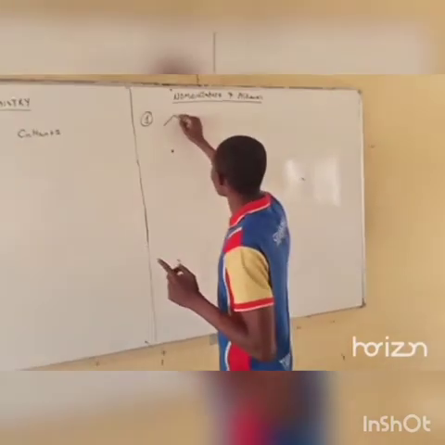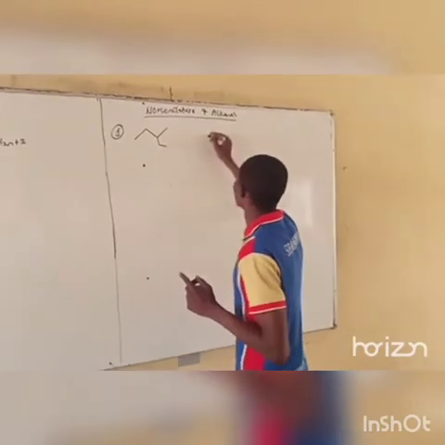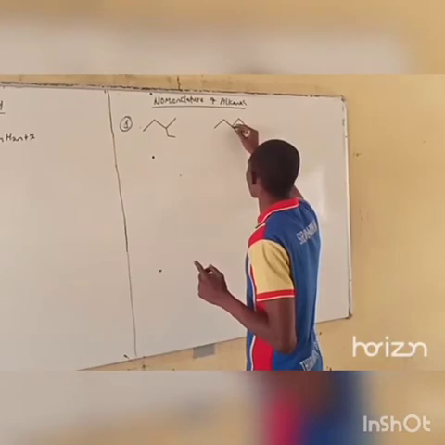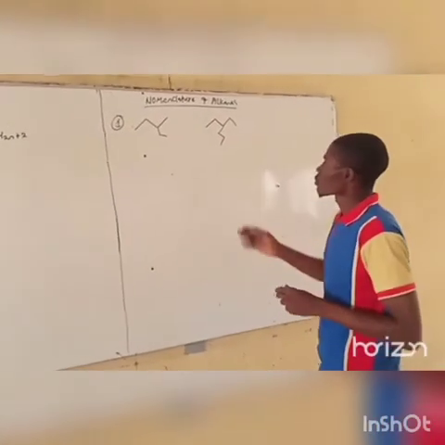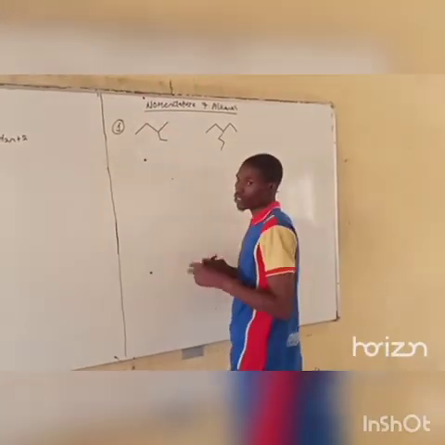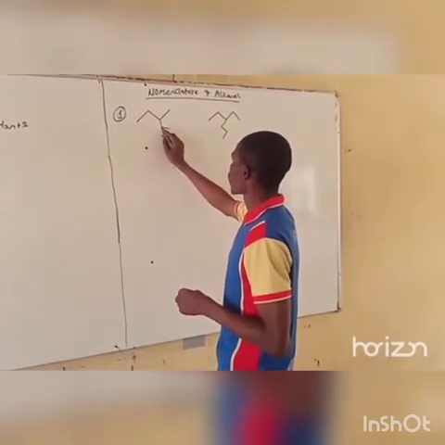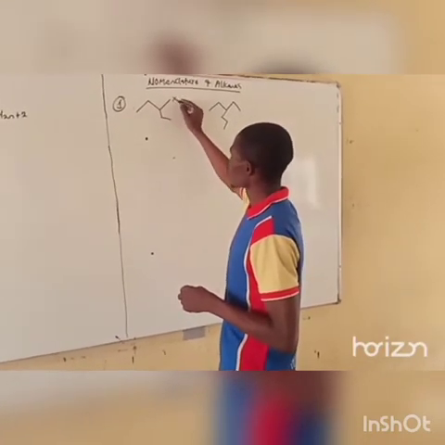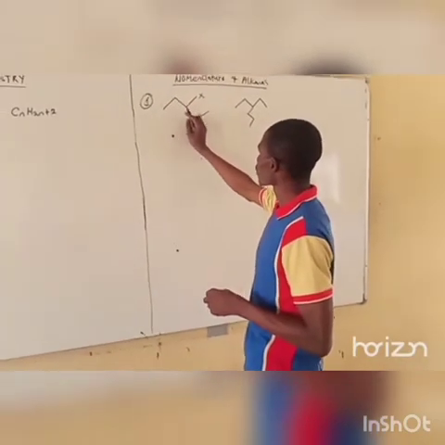Now look at this. To get the parent name of this compound, we need to locate the longest chain. We have 1, 2, 3, 4, 5. Then 1, 2, 3, 4. So this one is shorter, this one is longer. So your parent name will be from 1, 2, 3, 4, 5.